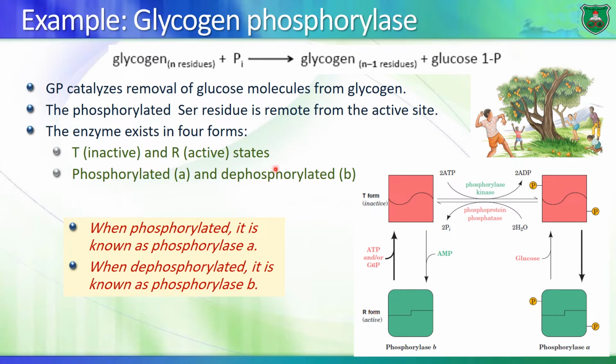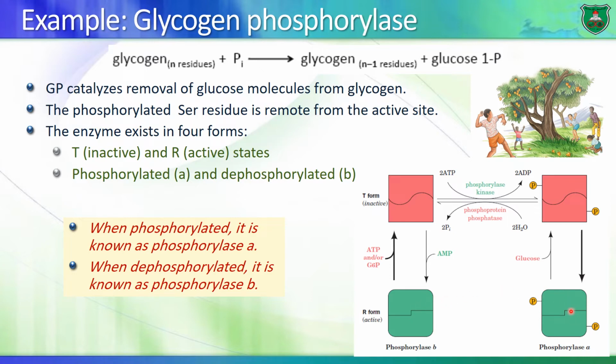The other 2 forms are phosphorylase B and phosphorylase A. The difference is that phosphorylase A is phosphorylated and phosphorylase B is dephosphorylated; it doesn't have a phosphate group.